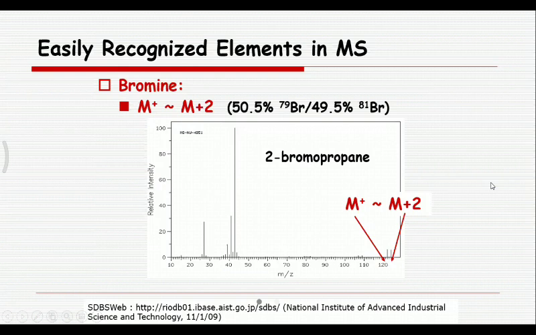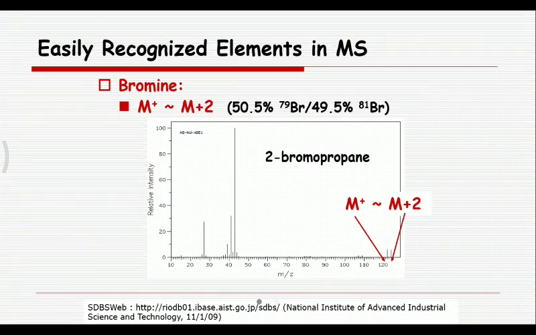Now for bromine. Bromine has two isotopes, bromine 79 and bromine 81. The difference is 2 mass units and their relative abundance in nature is 50-50.